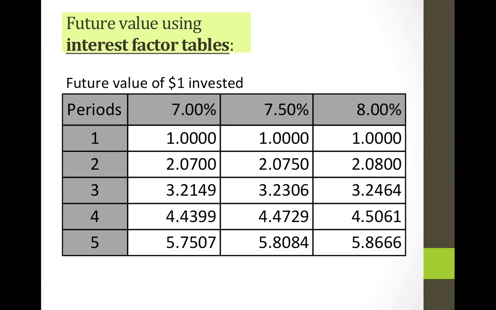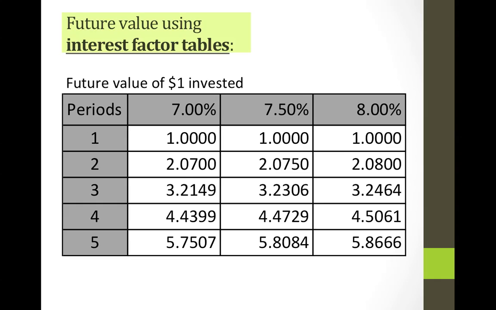We have seen that both these two first methods are quite tedious, with a lot of writing out and a lot of working out. Luckily, we find interest factor tables where many of these steps have already been done for us.